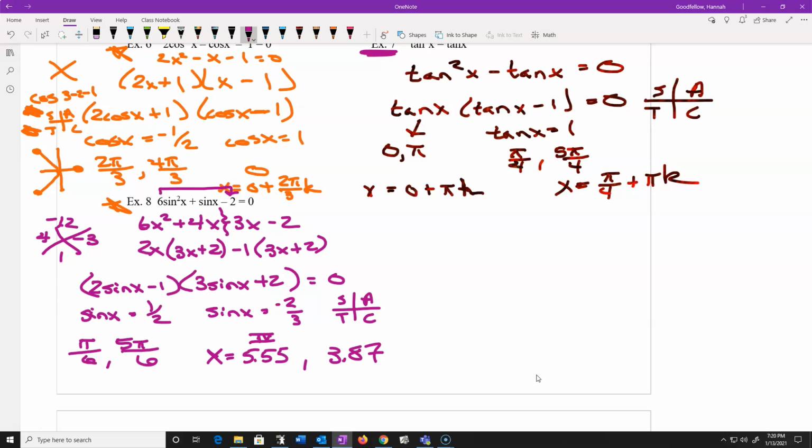Now, for the all solutions on these, I don't know if the two of them overlap one another. I bet you they don't. I don't think they probably do. So you're going to be basically stuck with pi over 6 plus 2 pi k, and 5 pi over 6 plus 2 pi k, and 3.87 plus 2 pi k, and last but not least 5.55 plus 2 pi k.